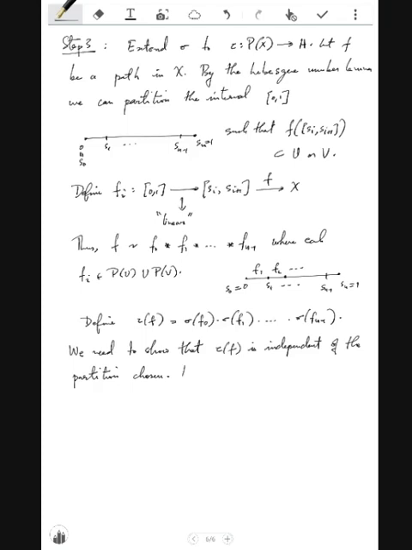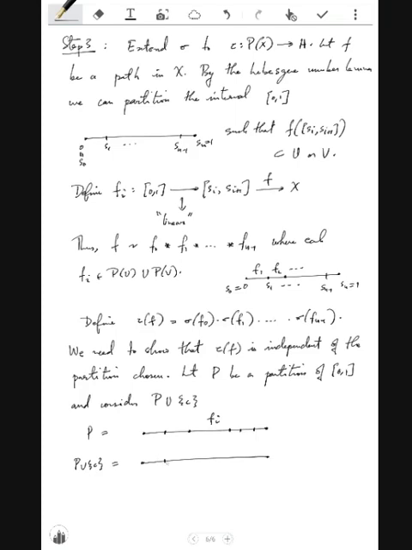So let's try to do that. Let P be a partition of 0, 1 and consider P union a point C. So our P is the partition like this, and let's say here we have some Fi, and P union C, we just add one point C in the middle of Si and Si plus 1, let's say.